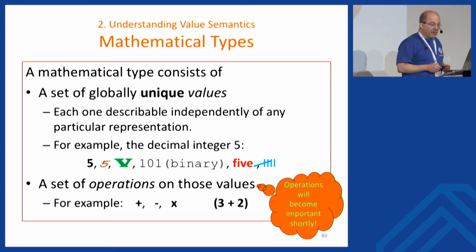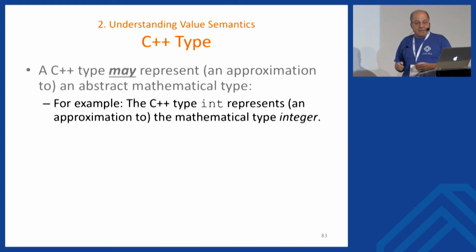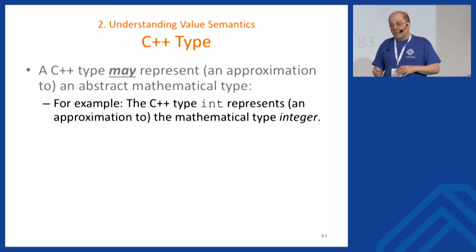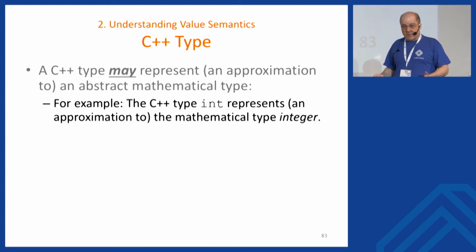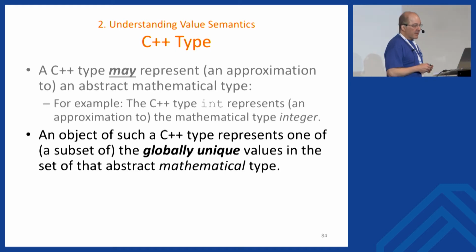All right, there are also operations on this Platonic ideal of integers, and so we'll talk about them more later. All right, so a C++ type may or may not approximate an abstract mathematical type. And int, for example, is an approximation to an abstract mathematical type. We can't represent every integer in an int, but we can represent some of them. And we can't perform every operation on integers, but we can do some of them, okay?